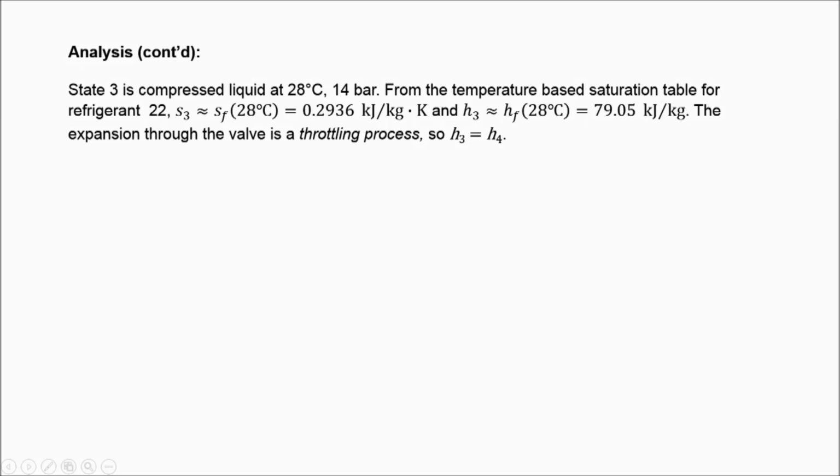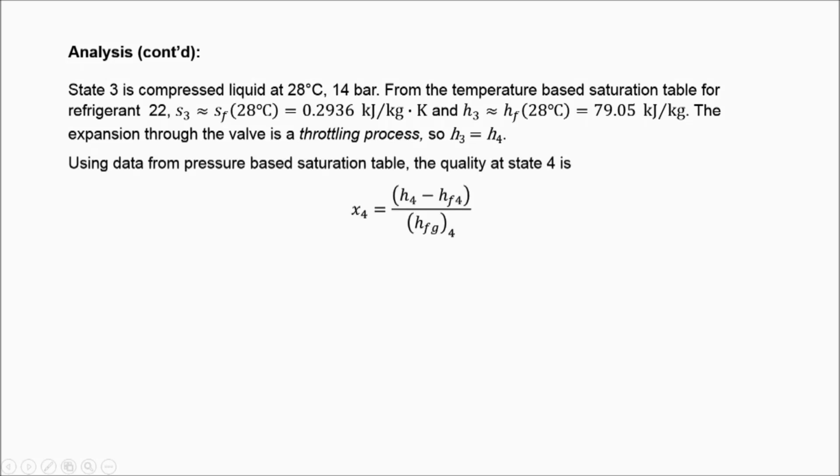And H3 is approximately equal to H sub F at 28 degrees C, which is equal to 79.05 kilojoules per kilogram. The expansion through the valve is a throttling process, so H3 is equal to H4 by virtue of the energy rate balance and the fact that the expansion valve is a strictly passive component with no work or heat transfer exchange with the surroundings.